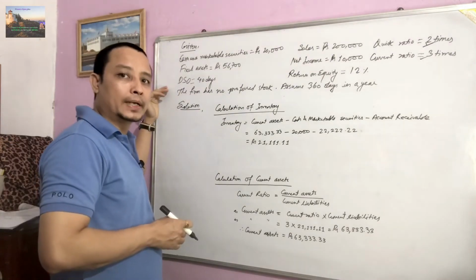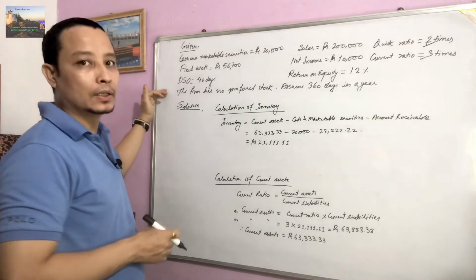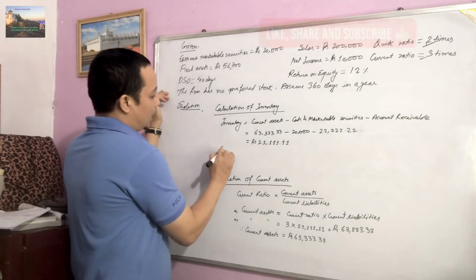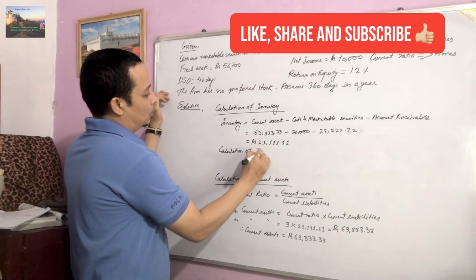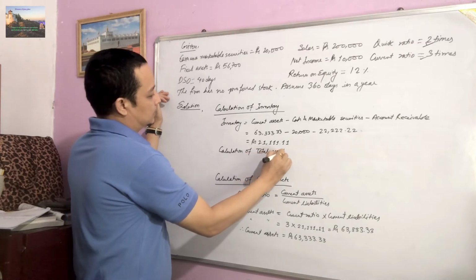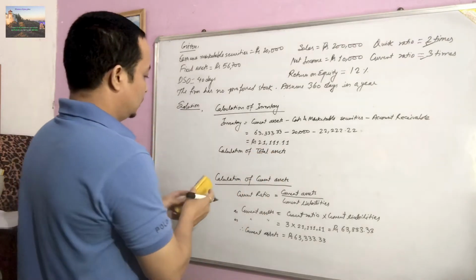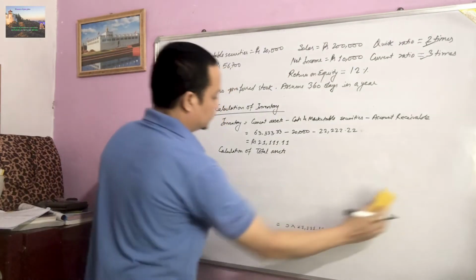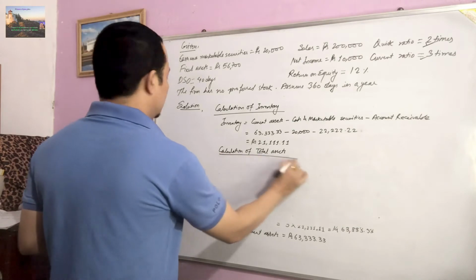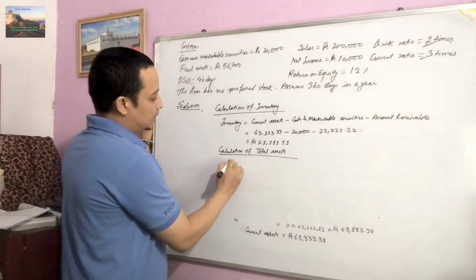So sum of current asset and fixed asset gives the total asset. Okay. So now calculation of total asset.